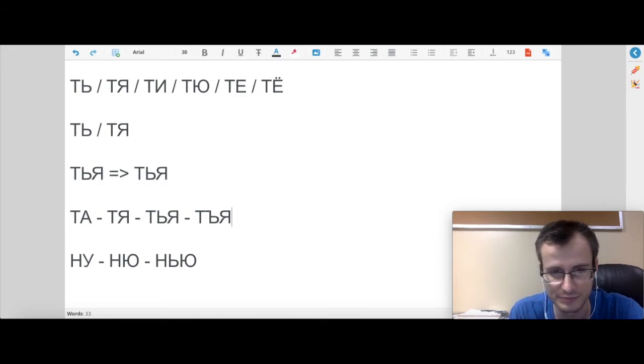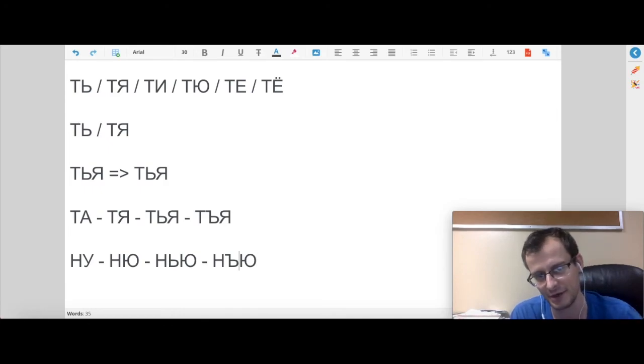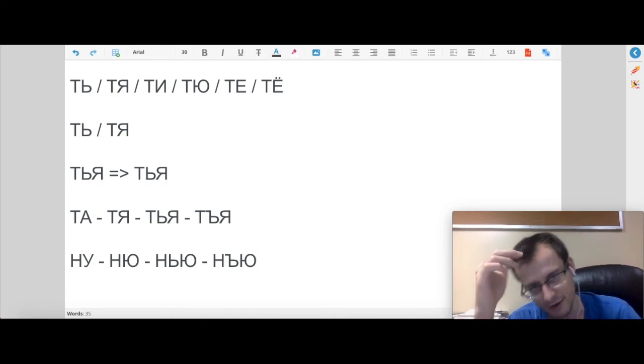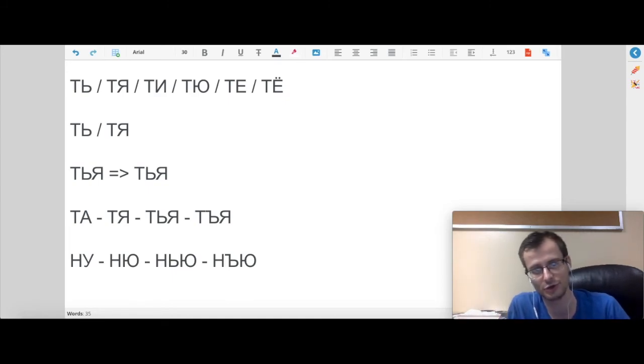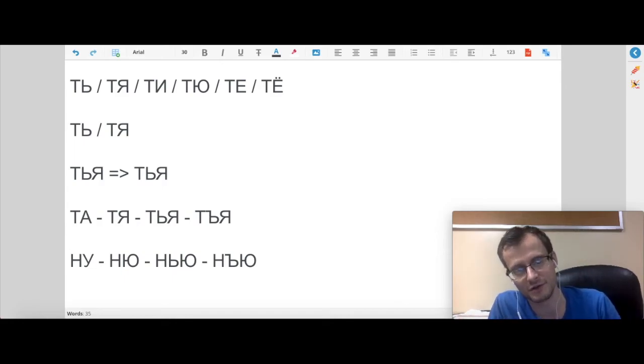So, all right. And like I said, it's a fairly rare letter. It's so rare that sometimes even Russian speakers don't know to put it. They'll put the soft sign, they'll spell the word with a soft sign even though it's technically supposed to be spelled with a hard sign.